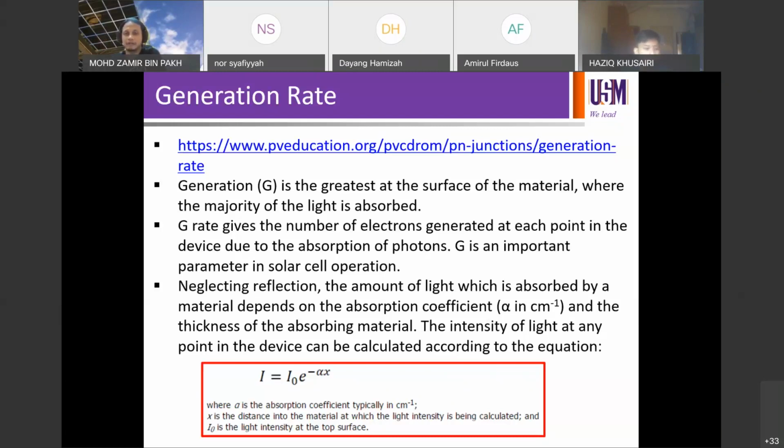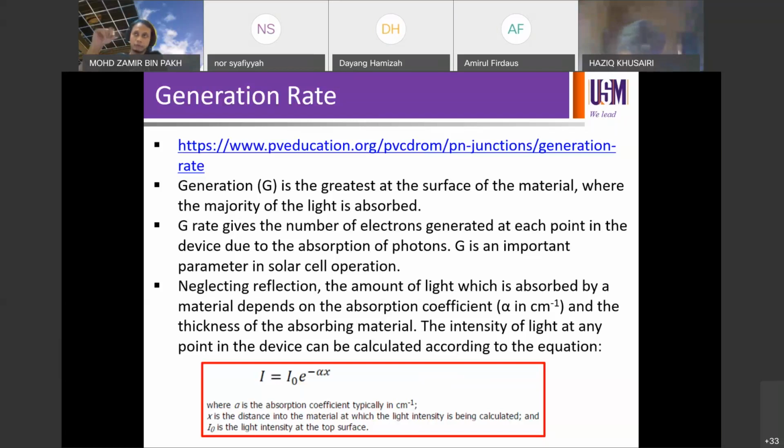The higher the value of alpha, the higher the capability of the material to absorb the light. If your alpha is lower, then the capability will be lower as well, right? So the amount of light which is absorbed depends on alpha and the thickness. Okay, alpha and thickness affect the amount of light absorbed.